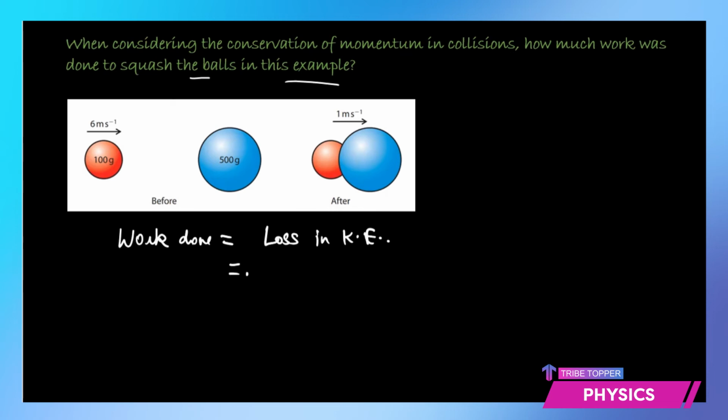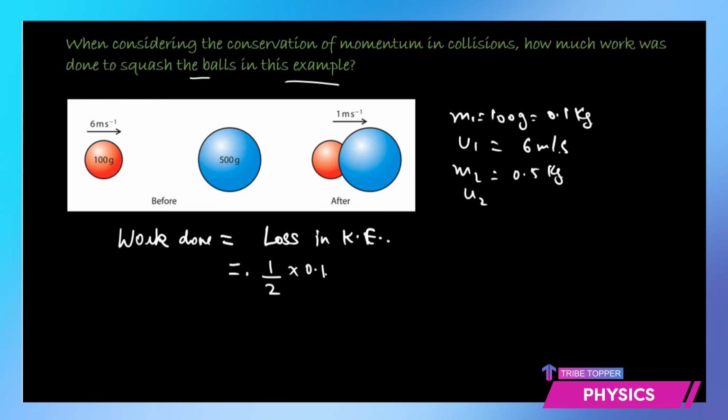So that is equal to half m1, 100 grams is 0.1 kilograms. You can write it down: m1 is 100 grams, which is 0.1 kg. Its initial velocity u1 is 6 meters per second. m2 is 0.5 kg. Its initial velocity is 0. So half m v squared is 6 squared, minus the final kinetic energy.